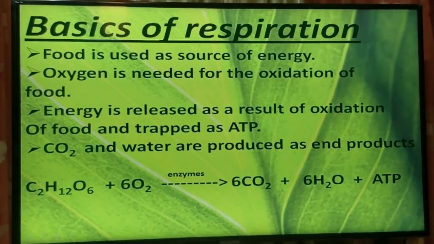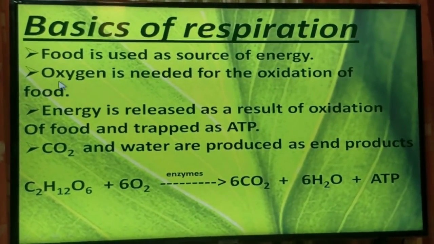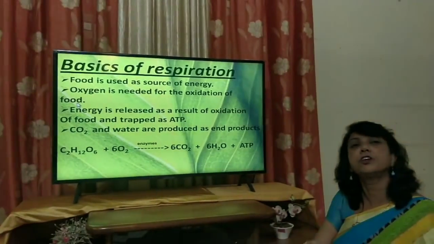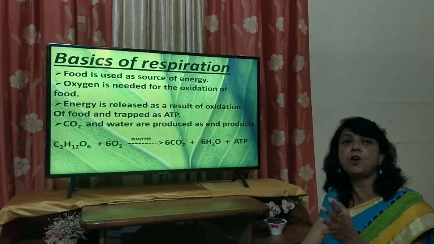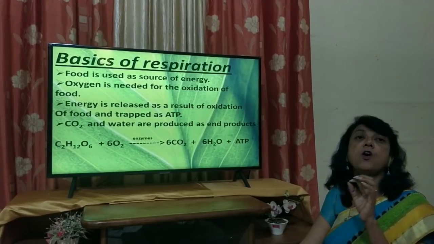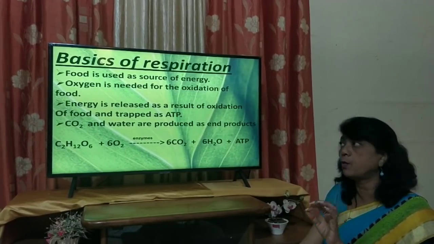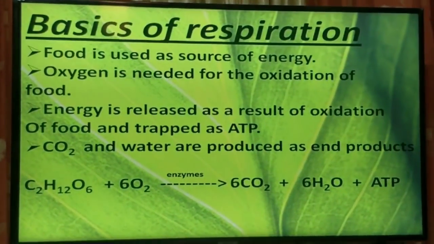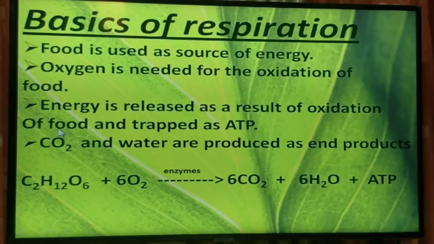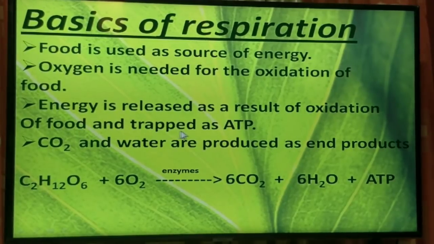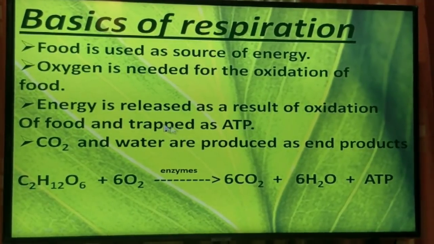Oxygen is needed for oxidation of food. For the process of oxidation or for the breakdown of the food, oxygen is required. Energy is released as a result of oxidation of food and trapped as ATP.